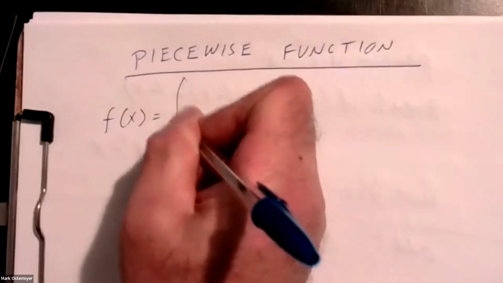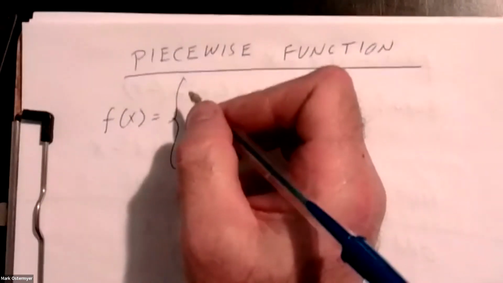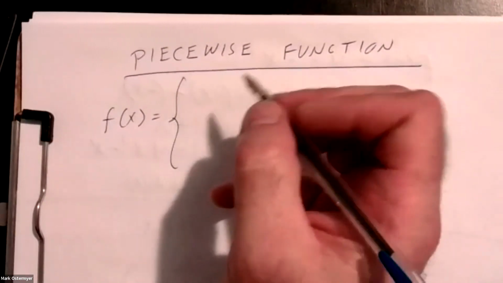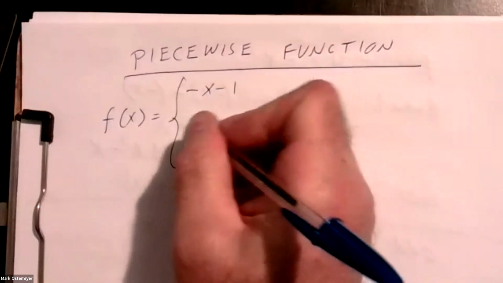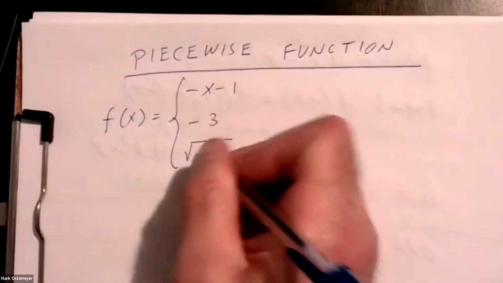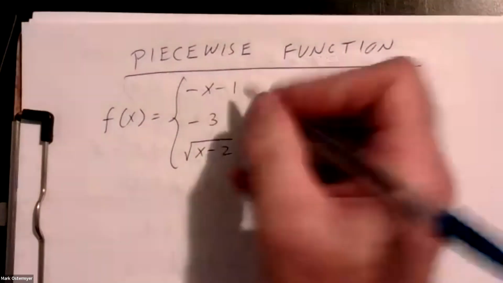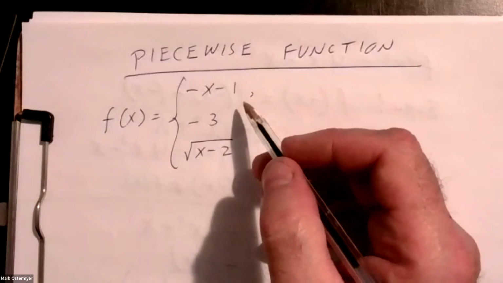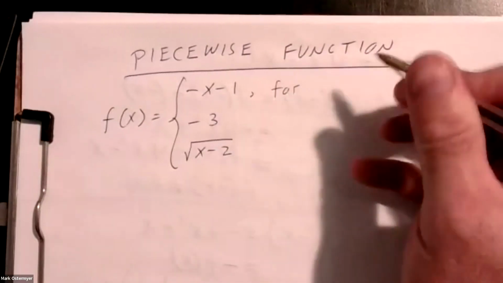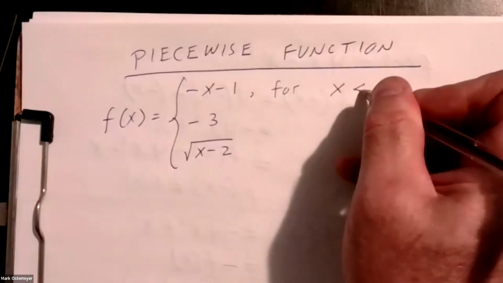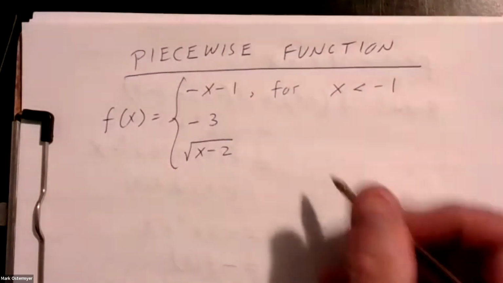f of x is equal to, now the definition, piecewise functions have multiple definitions. This piecewise function has a linear definition for input values that are less than -1.